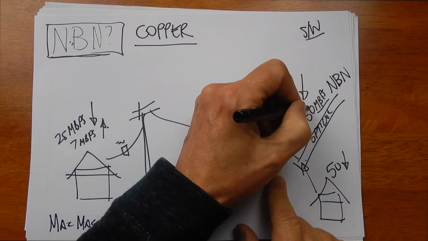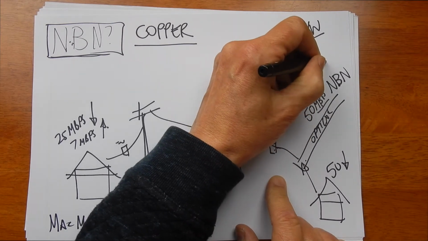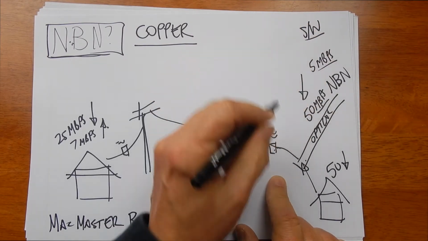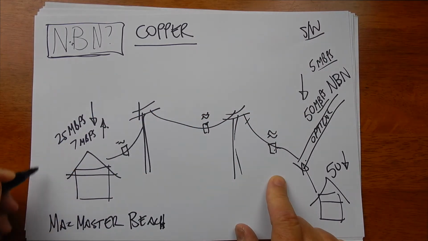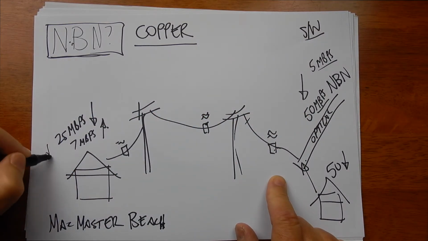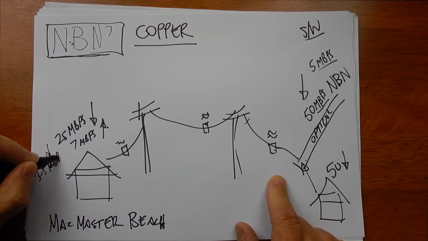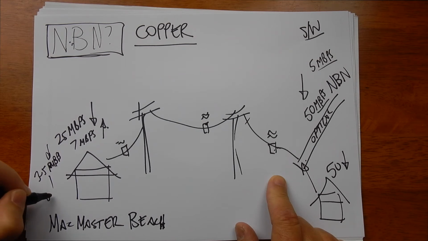So it goes from 50 down to 5 megabits per second, which then eventually gets over here, and this gets reduced back down to 3 to 5 megabits per second. And the upload also gets taken down to about 0.3 to 0.5 megabits per second upload.